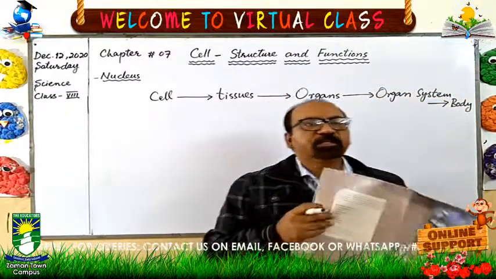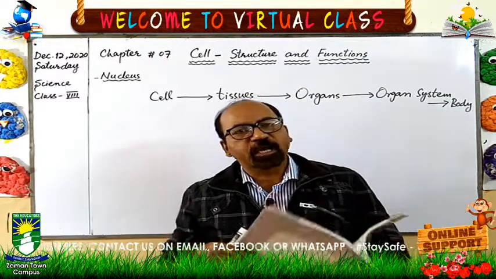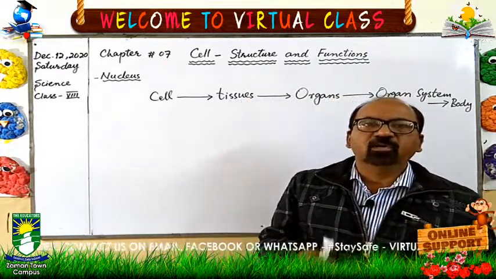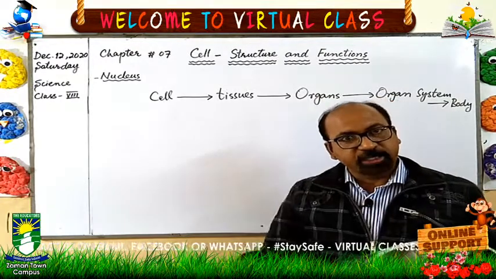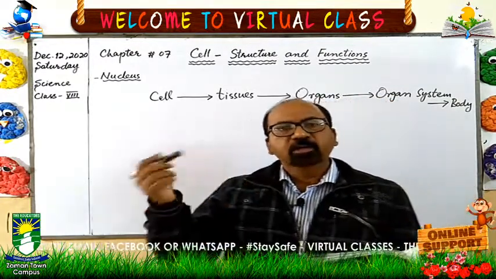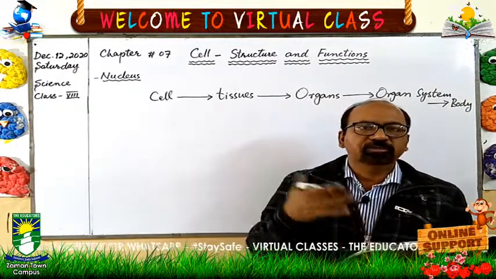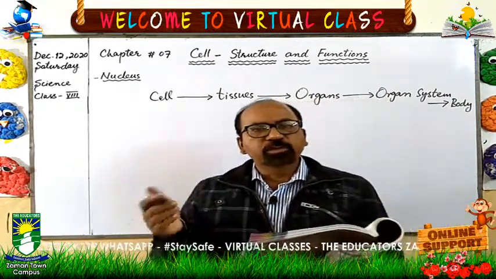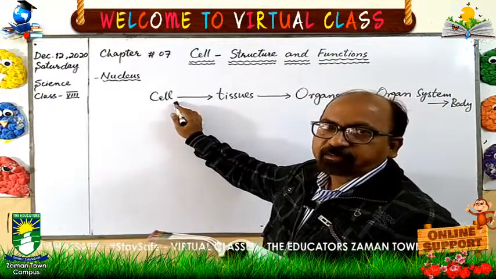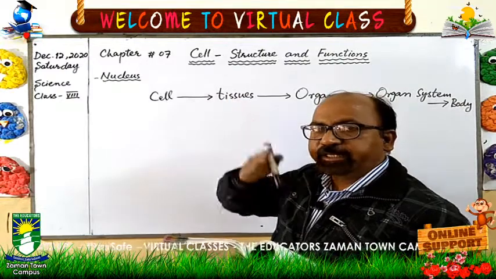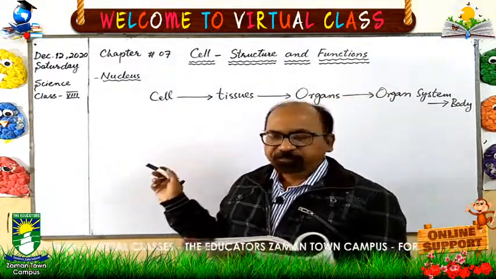As the cell is the basic unit of the body, cells are alive. Cells need all the things our body needs. For example, we need oxygen to survive; cells need oxygen to survive. We need food; cells also need food. In these three sessions we have discussed a lot about the cell.